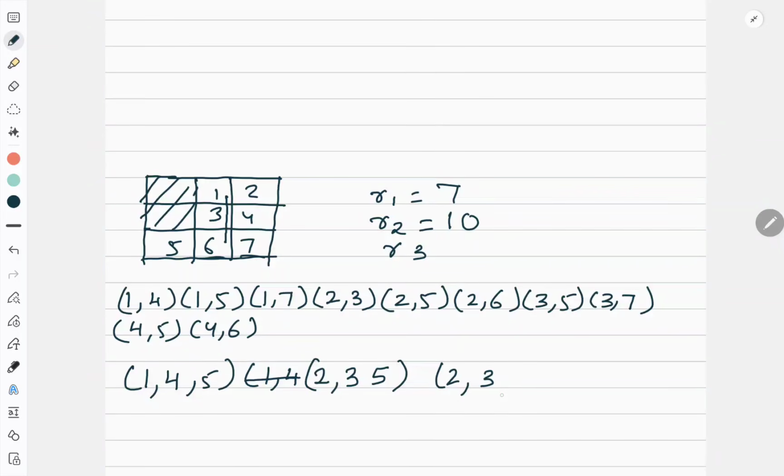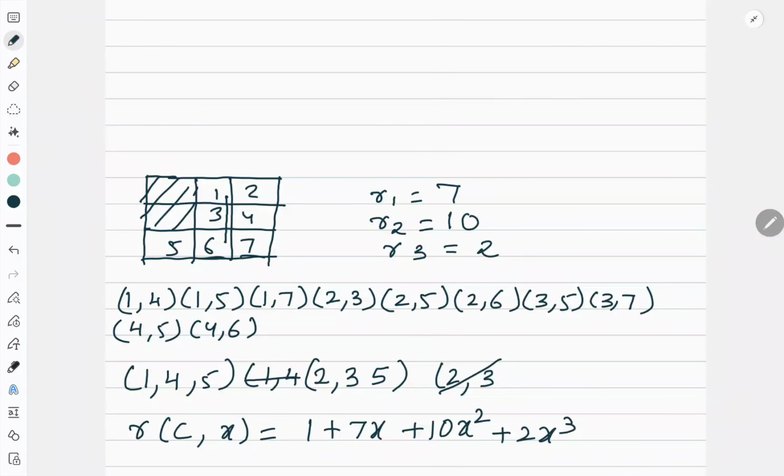Can I place 6? No. Can I place 7? No, 2 will capture 7. So this is also not possible. So I have only 2 options. So what is my rook polynomial? C(x) is equal to 1 plus 7x plus 10x squared plus 2x cubed.